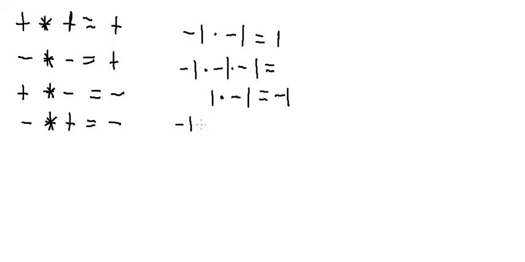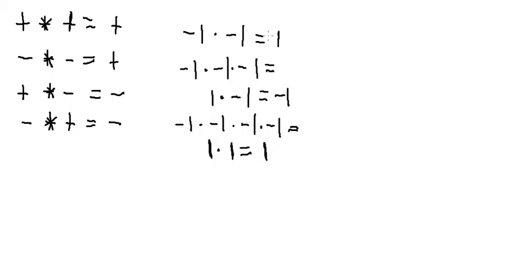Let's try negative 1 times negative 1 times negative 1 times, you guessed it, a fourth one. Negative 1 times negative 1 is positive 1, and negative 1 times negative 1 is positive 1. Notice how when we split it up in pairs like that, all the pairs of negatives end up positive, and a positive times a positive is just a positive.